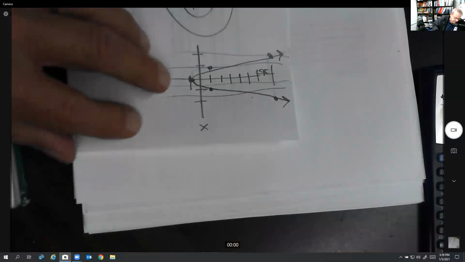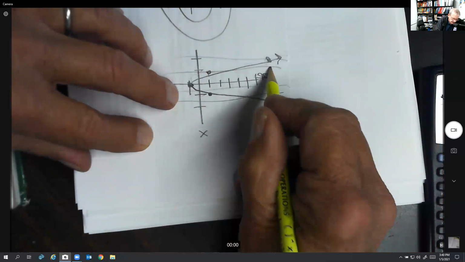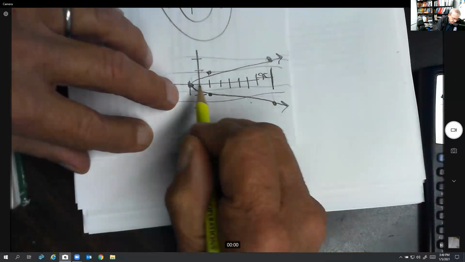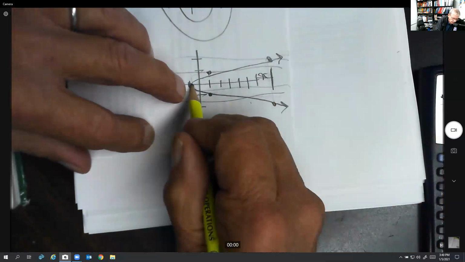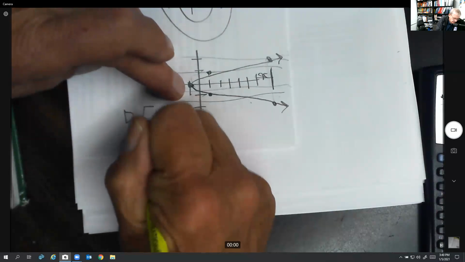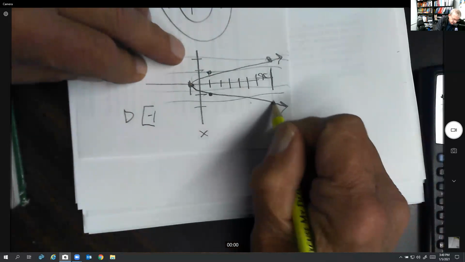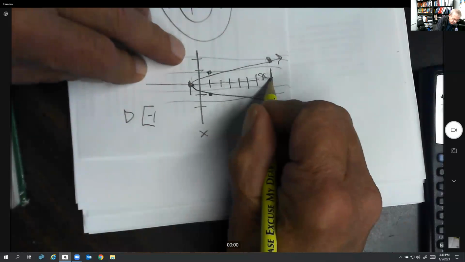Let's try another one. Let's turn this one on the side, just for the heck of it. So if this graph was going this way, this was up here at 7, the domain would go from -1 all the way, let's say these were our endpoints, to 7.